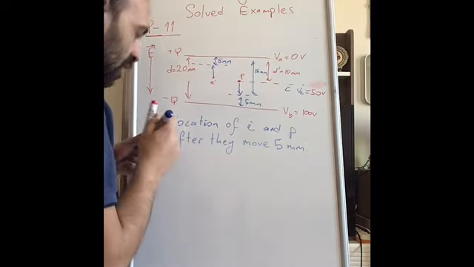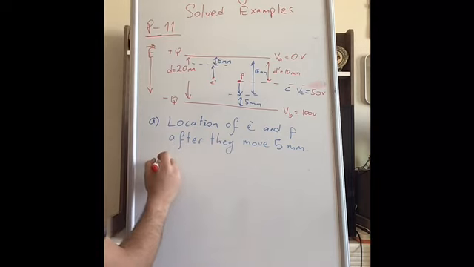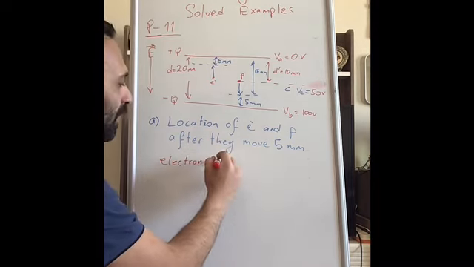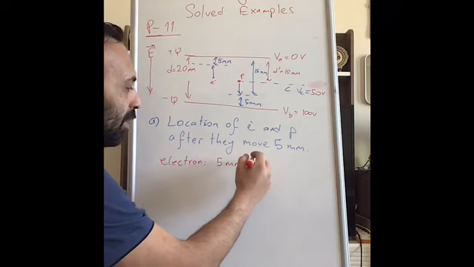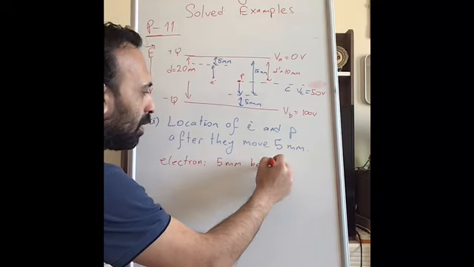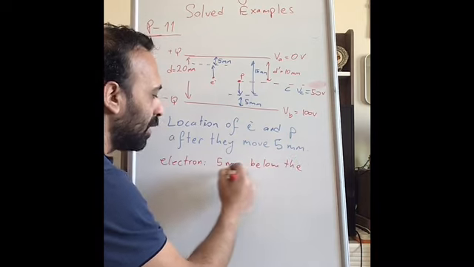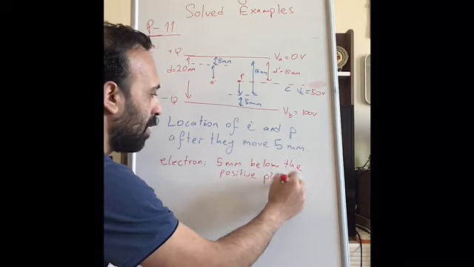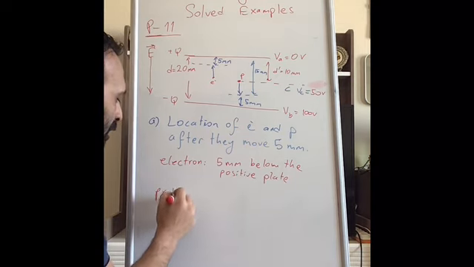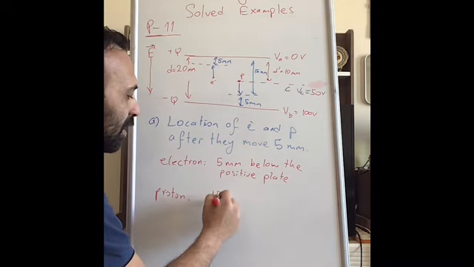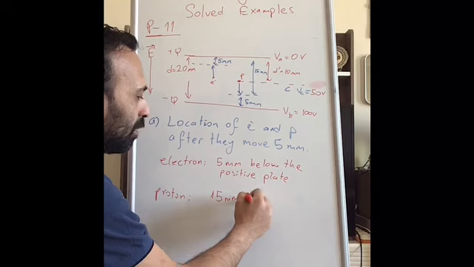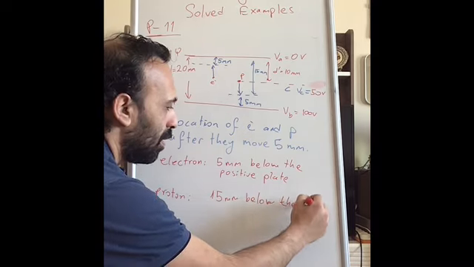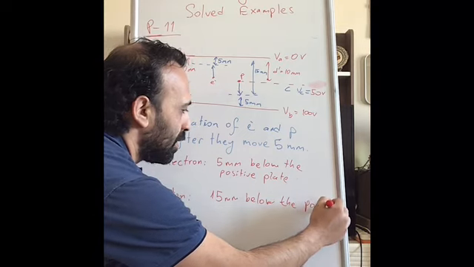So the location of the electron after they move 5 millimeter will be 5 millimeter below the positive plate, and proton will be 15 millimeter below the positive plate.